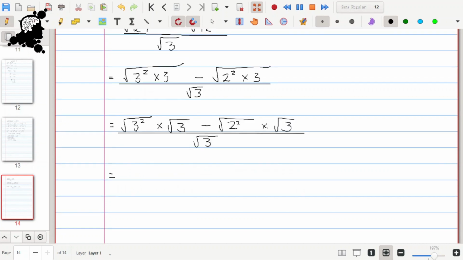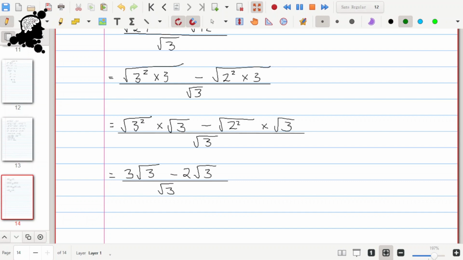If we simplify this, the square root of 3 squared is just going to give us 3, as we saw in the previous example, times square root of 3, minus the square root of 2 squared is 2, times the square root of 3, divided by the square root of 3.